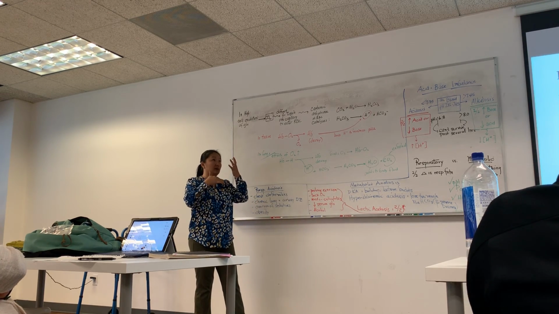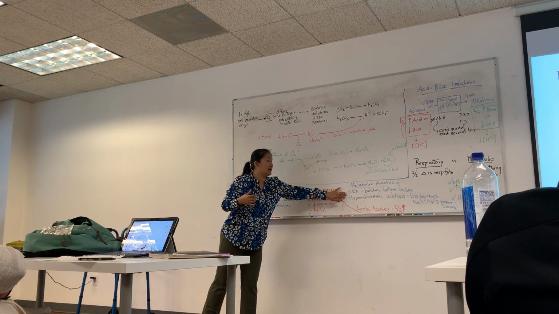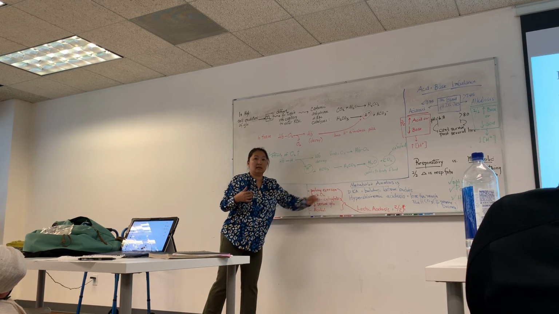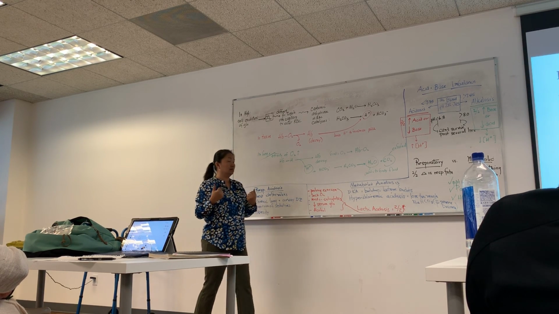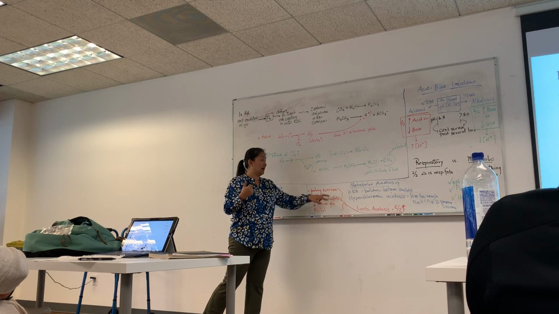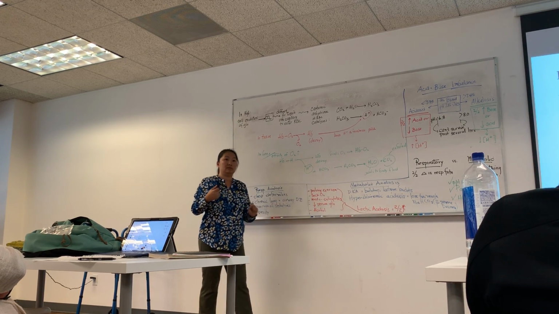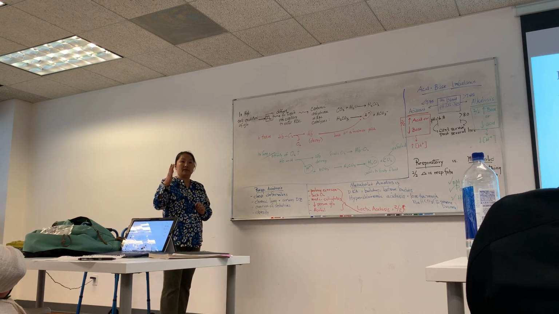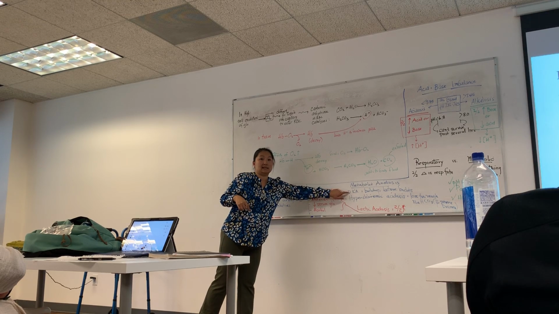How does the respiratory system kick in to try to fix it? What do you think a person in DKA would do in terms of their breathing? They're going to breathe faster, to try to blow out the excess carbon dioxide.